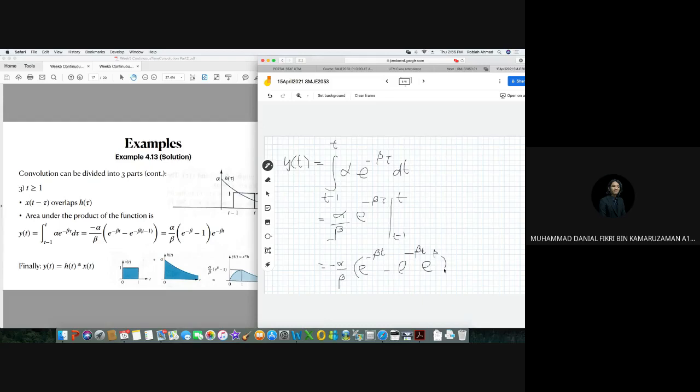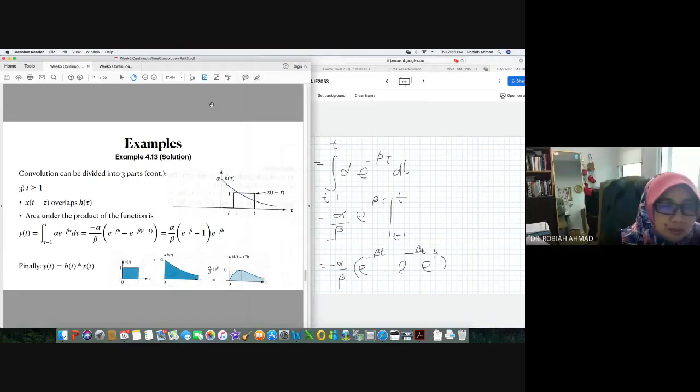Okay. So susun-susunkan, this is what you have lah. Tapi kat sini ni saya tak sure ni betul ke tak ni. So, sudah bercheck. Okay, so this is for between unit step again with exponential.